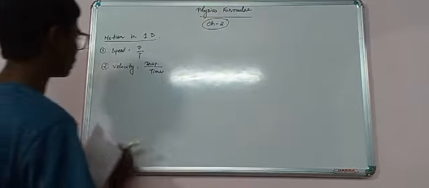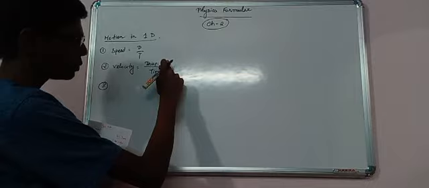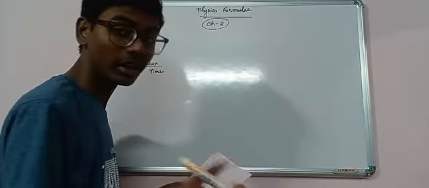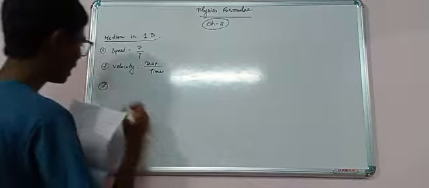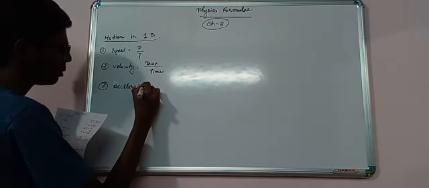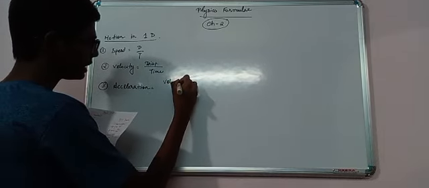Next you have acceleration. Here, displacement per unit time is velocity in a particular direction, that part is important. Acceleration, these formulae are very important. Velocity by time.